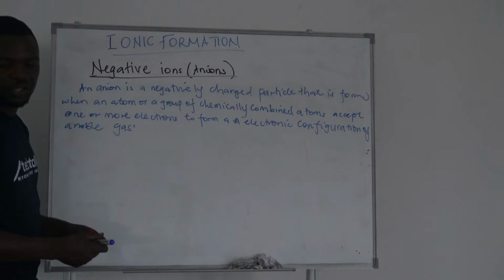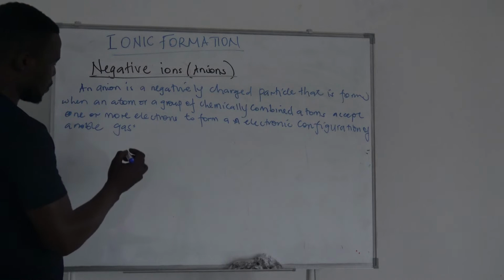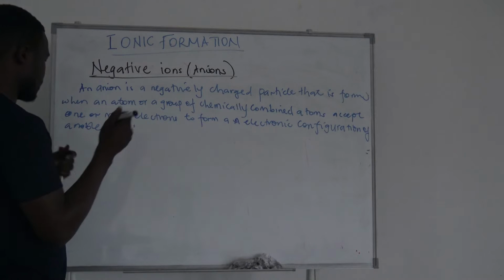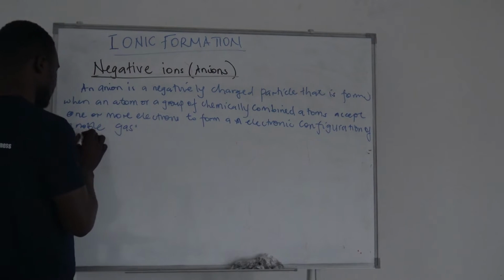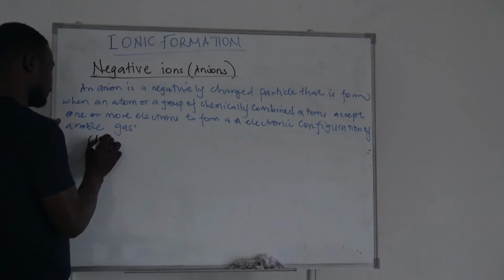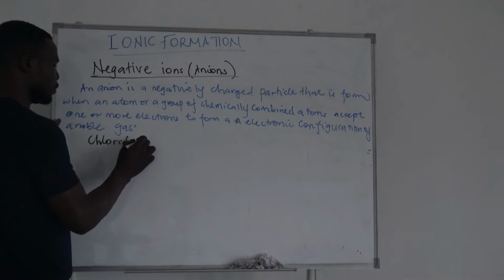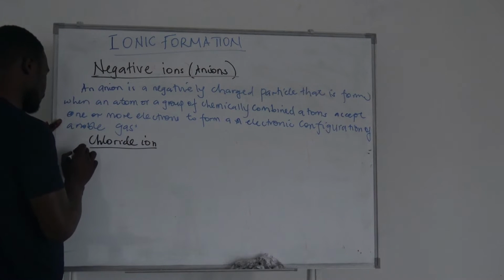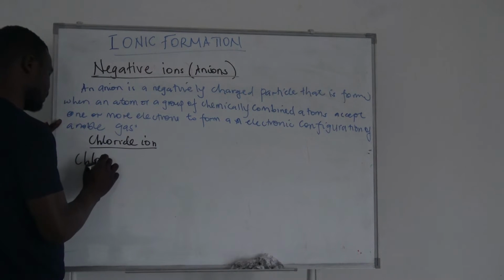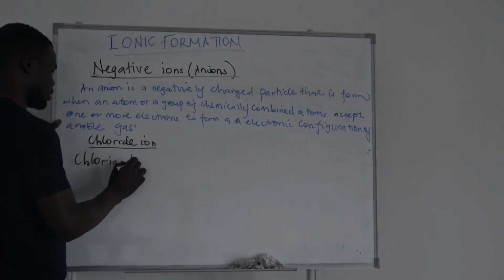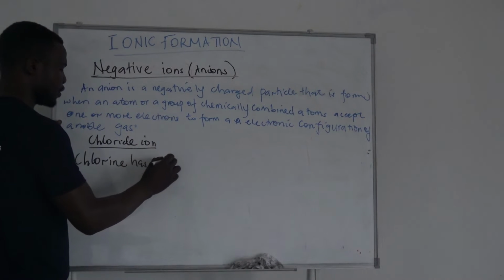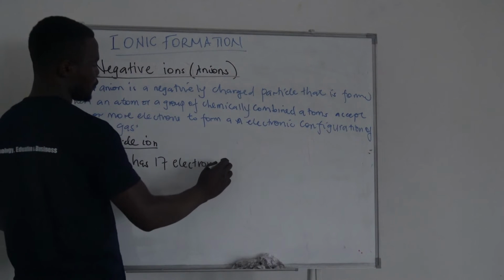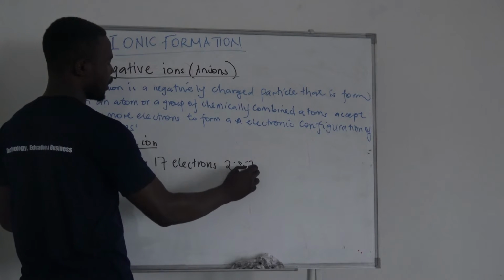Now let us begin with the examples of our anions. We have various examples. Let us begin with the formation of chloride ions. Now, we know that chlorine has 17 electrons with electronic configuration 2,8,7.